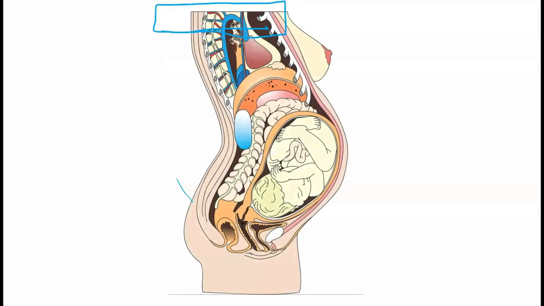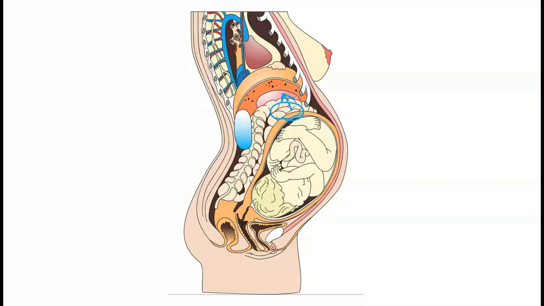Okay, some of the changes that a mom would be going through as she's pregnant, we call these the gestational changes. Gestation is a fancy word for pregnancy. And here's some of the things that would be going on. First and foremost, most of mom's organs are squished up closer to her liver. And this is going to also greatly affect the size of her stomach.